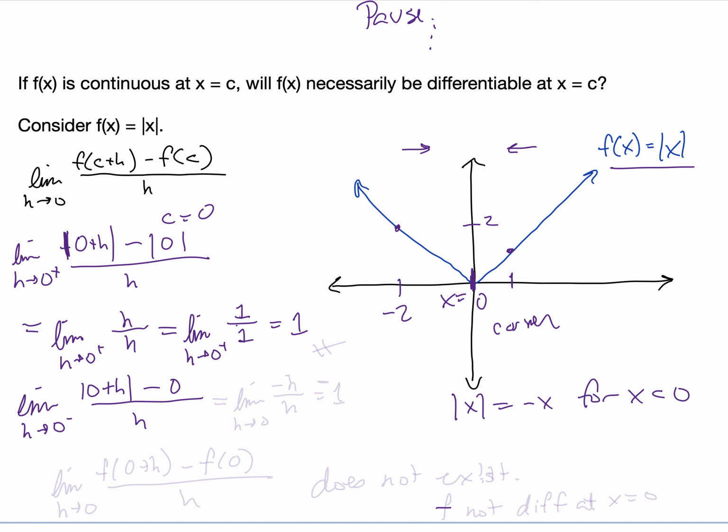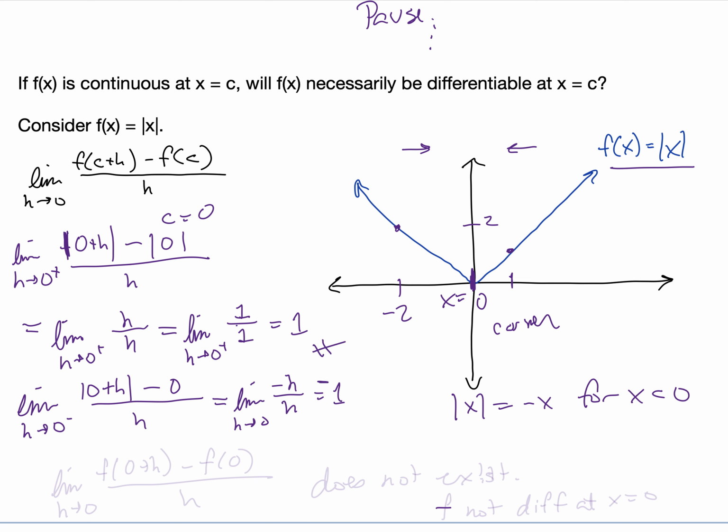So we see that the output for negative 2 is a negative negative, a positive 2. And so this is the limit as h goes to 0 of negative h minus 0 over h, and that gives us a limit of negative 1 instead of 1.